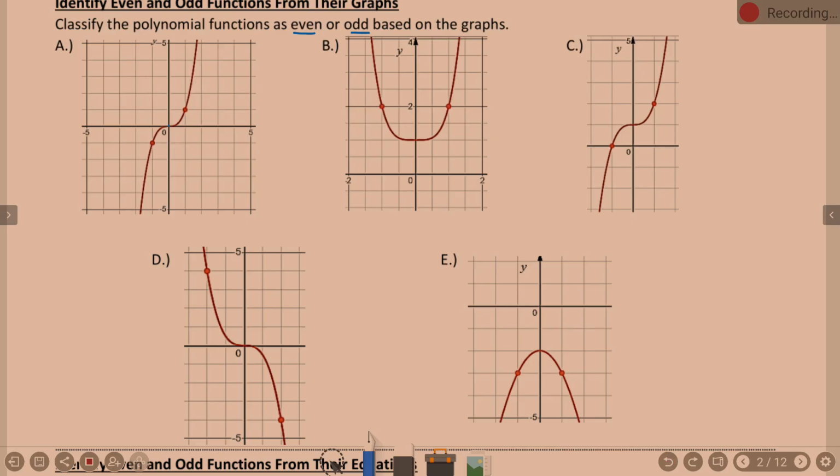One way or another, I need you to come up with the fact that this graph is odd. It doesn't say a reason, but I'm putting that it is symmetric to the origin.